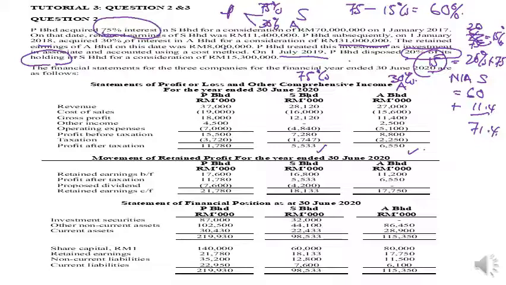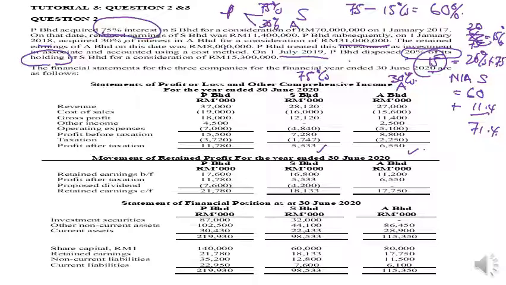So 20% times 75% is equal to 15%. You dispose 15%. Before this you have 75%, so your holding here becomes 60%. Since you still have control, this one is only a movement in the equity.